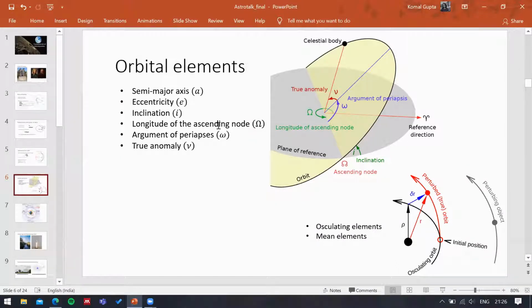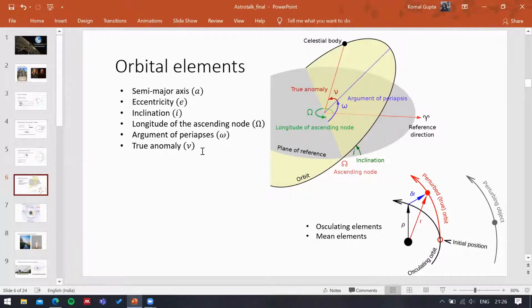There are 2 elements that define the plane in which the orbit is in, which are inclination and longitude of ascending node. There is 1 element that defines the orientation of the orbit, which is argument of periapsis, and there is 1 element that defines, once you have the orbit defined in your 3D space or 3D frame of reference, whatever it is that you're using, where exactly on the orbit your object is, which is the true anomaly.